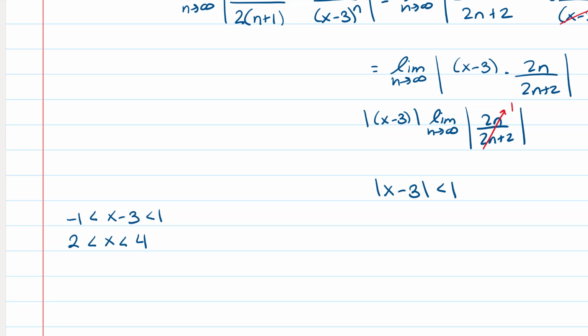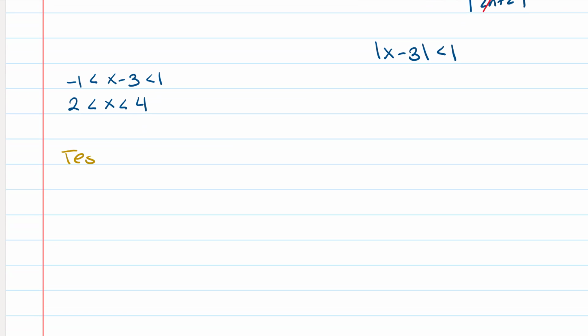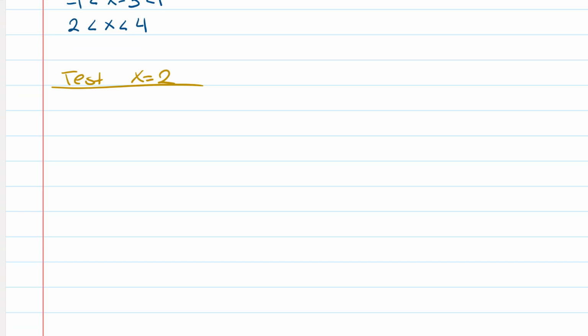But before I'm done, I have to do one more step, which is to test the endpoints. So we're going to go ahead and test x equals 2. And the way I do that is I plug that into my original series for x. So n equals 1 to infinity, and then where I saw an x, I'm going to go ahead and put that 2 over 2n.